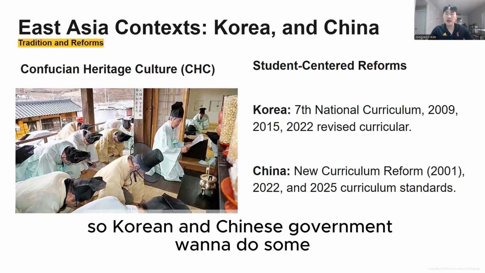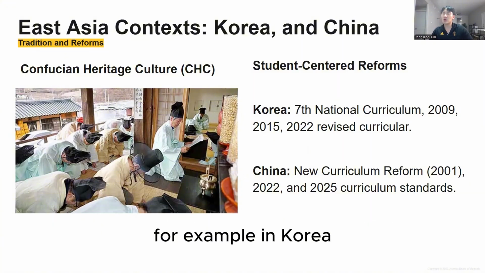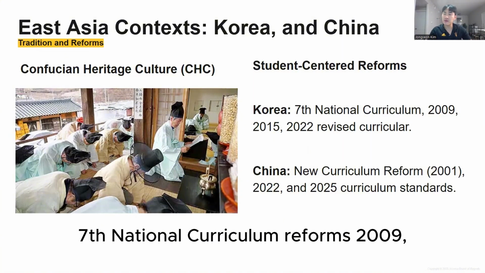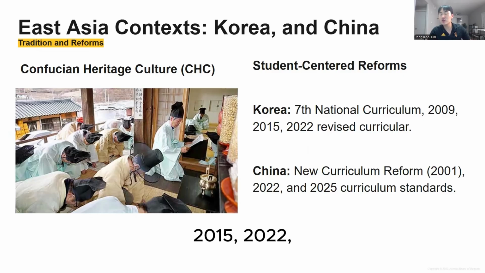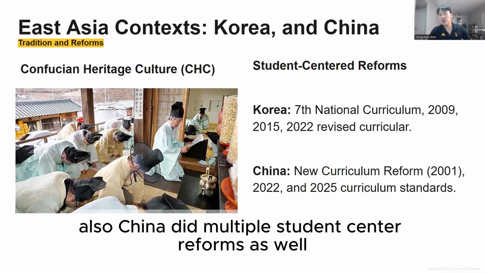So the Korean and Chinese governments want to carry out multiple student-centered curriculum reforms. For example, in Korea, the 7th national curriculum reform and the 2009, 2015, and 2022 revised curricula were based on student-centered reforms. Also, China carried out multiple student-centered reforms as well.